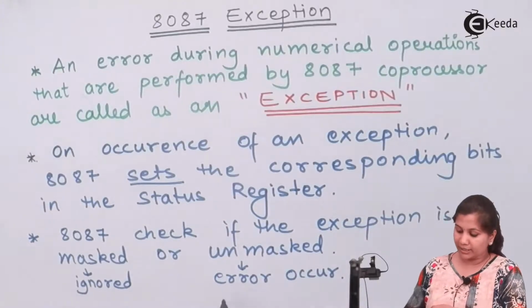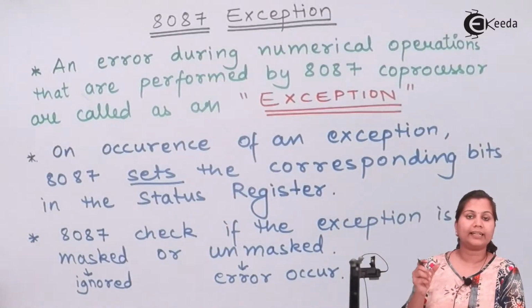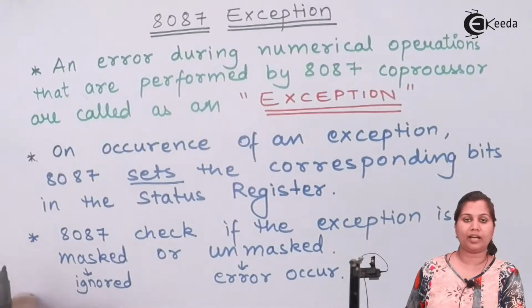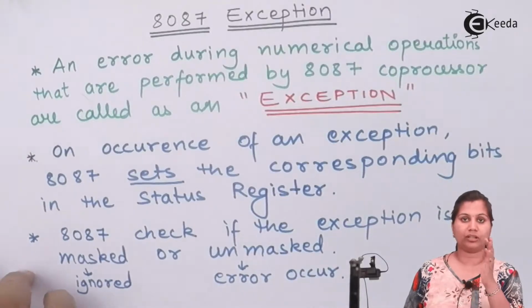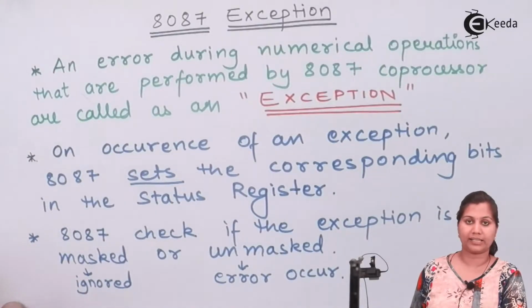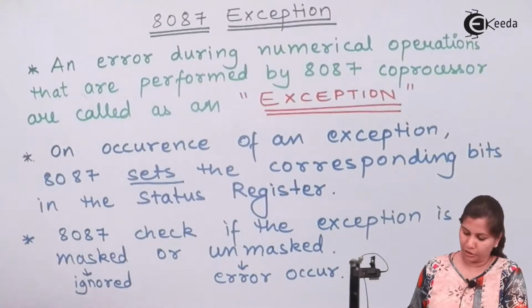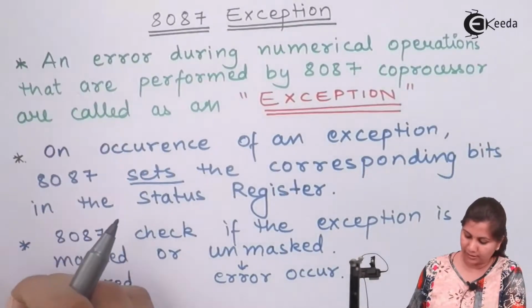Now this error acts like an interrupt for the processor. Interrupt means that we are stopping the current execution of 8087, we are disturbing it. So these exceptions act as an interrupt.